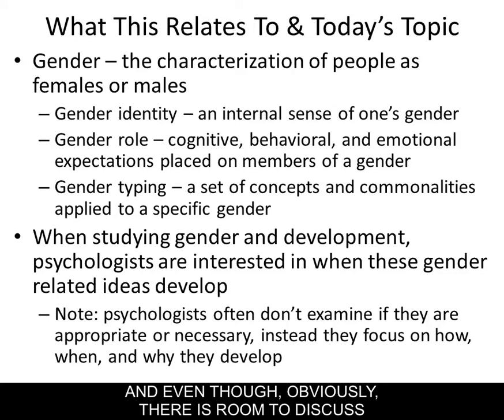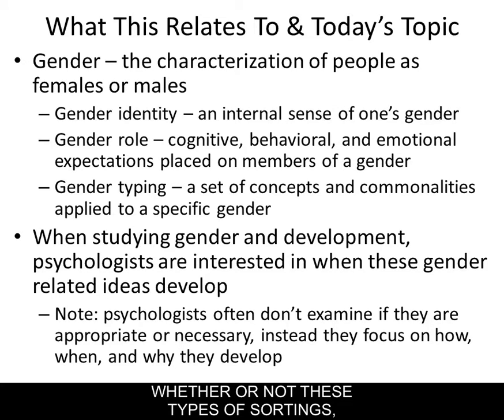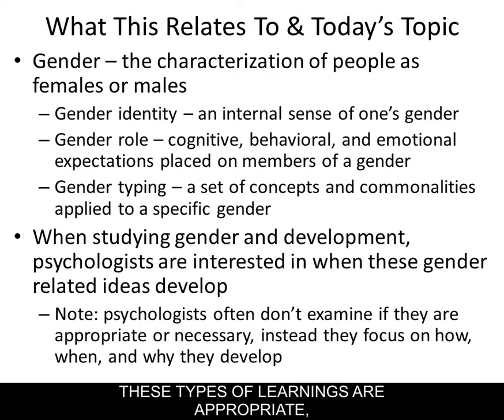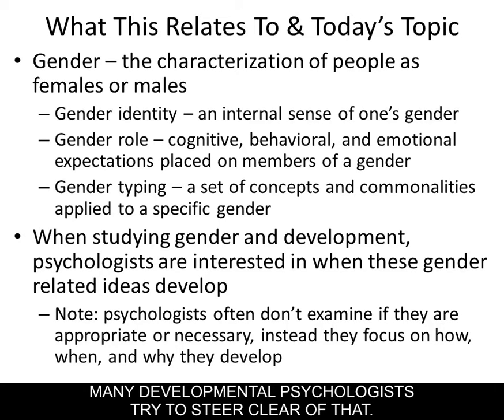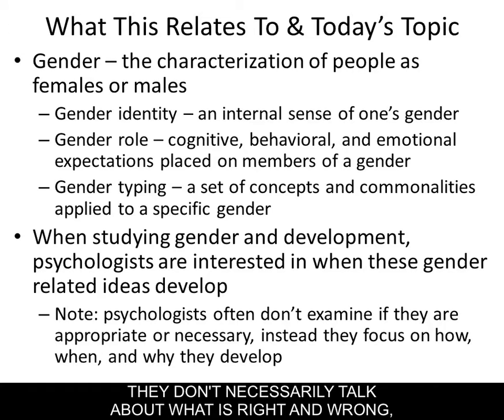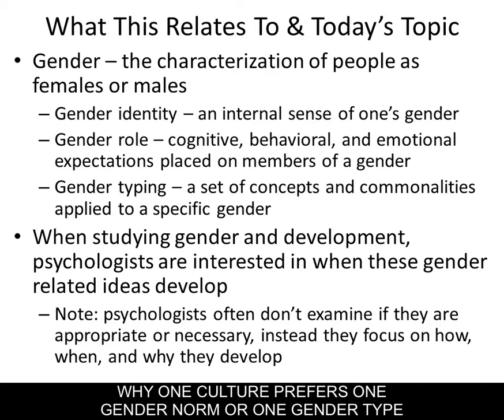And even though obviously there's room to discuss whether or not these types of sortings, these types of learnings are appropriate, many developmental psychologists try to steer clear of that. They don't necessarily talk about what's right and wrong, or why one culture prefers one gender norm or one gender type over another.